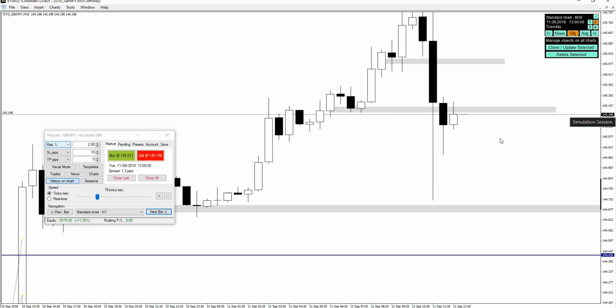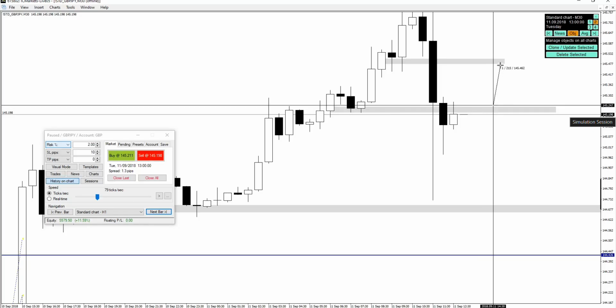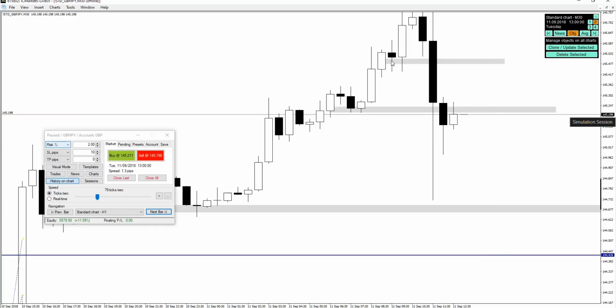I think for buys, we want price to break and close above 145,220 to continue going up to this area, which was the recent support that got broken down here. For sells, you'd want price to break below this support that is forming for price to continue moving down. So see, now we've mapped out two possible scenarios. We've mapped out a buy and we've mapped out a sell.